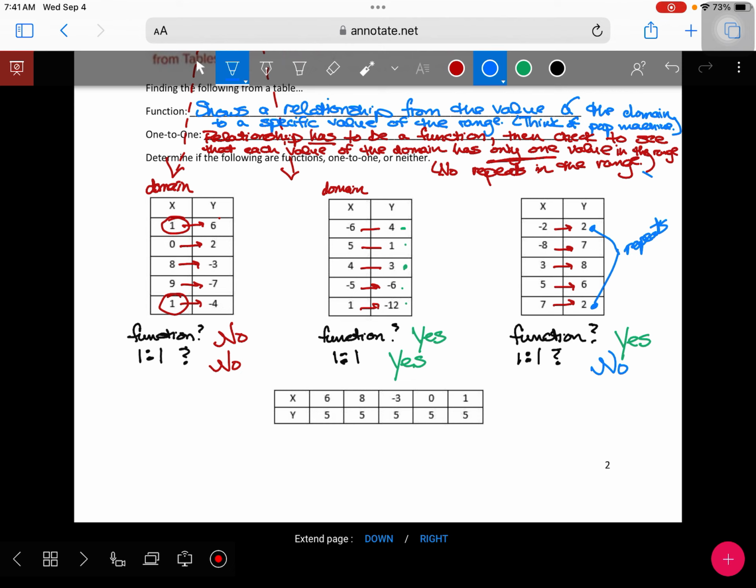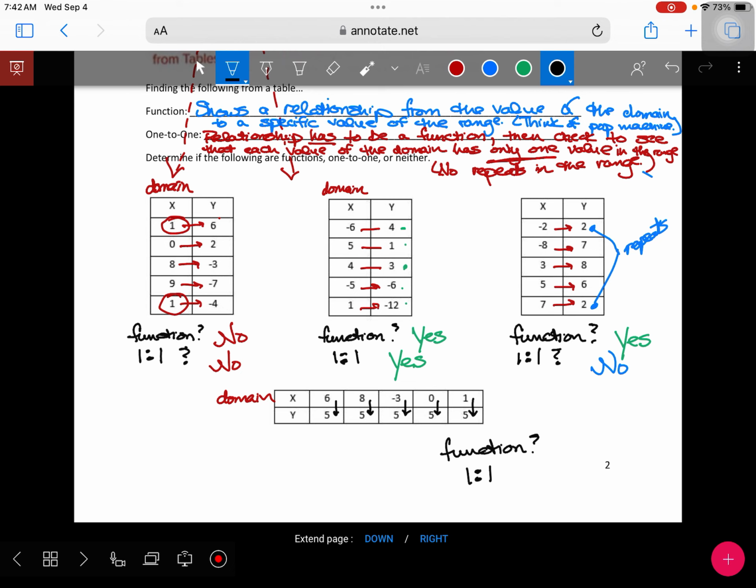And let's go to the last one. Now check, we've got it going sideways now. Same thing though. Here's my x, my domain. And I want to see, is it a function? Function. And then if it is a function, is it one-to-one? So 6 to 5, 8 to 5, -3 to 5, 0 to 5, 1 to 5.